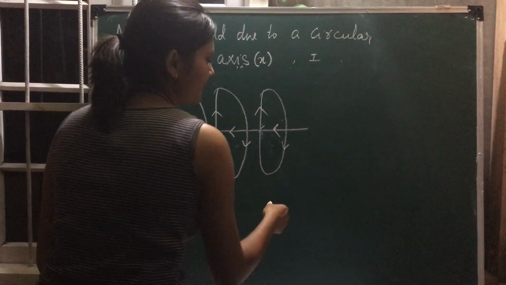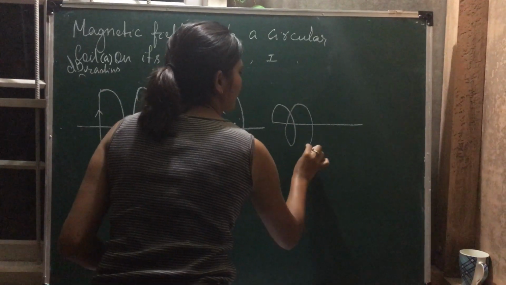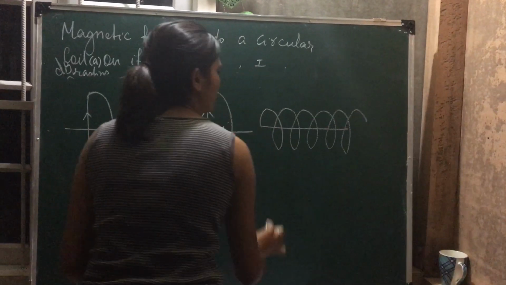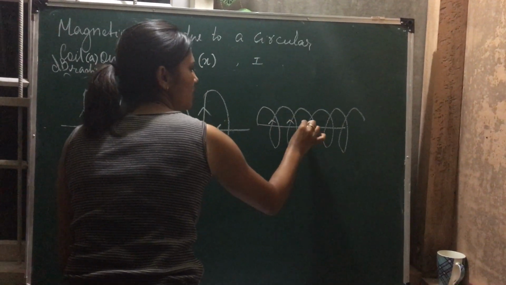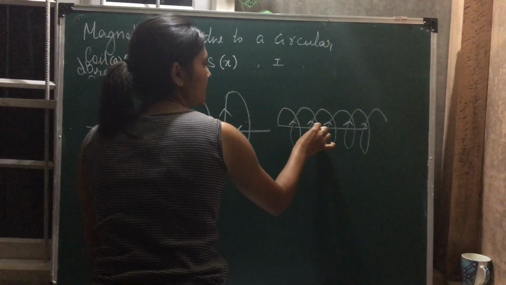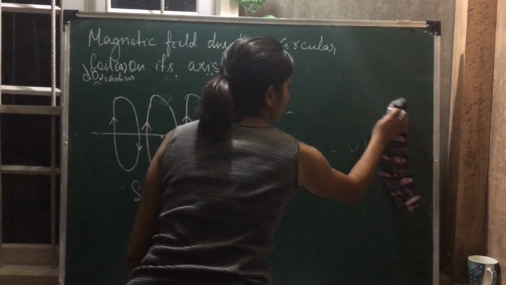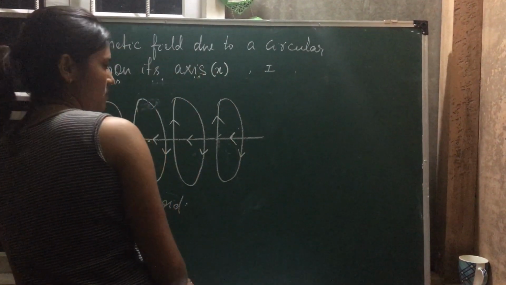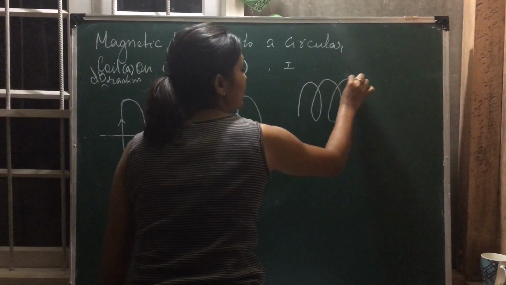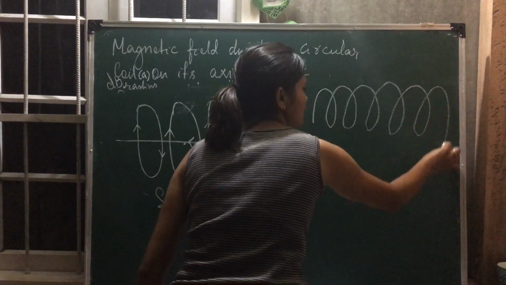Suppose by means of a picture you'll see it this way, very, very close to one another. Then if the current is going in the clock sense, the magnetic field due to this at any point is in one direction. This type of helical structure is known as a solenoid.